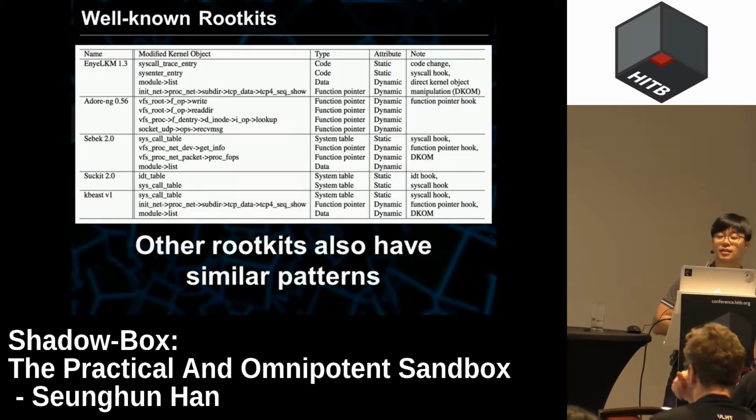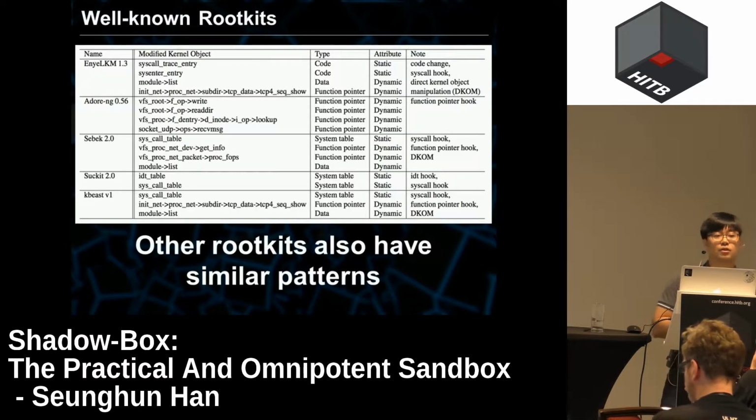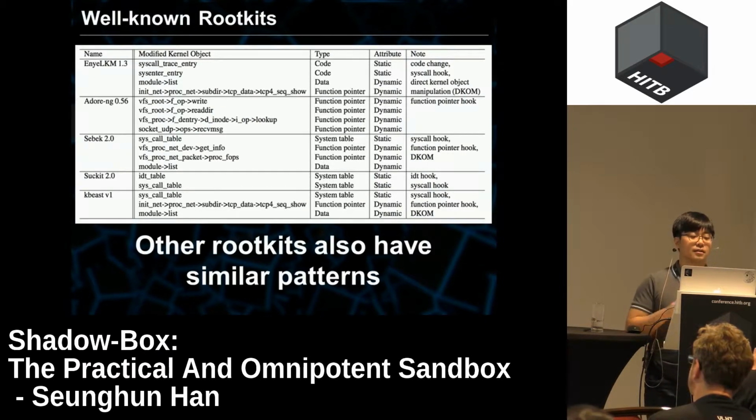These are well-known rootkits and a list of kernel objects which are modified by rootkits. Well-known rootkits normally change code, system tables, function pointers, the process list, and the module list. The descendants of well-known rootkits also have similar patterns.